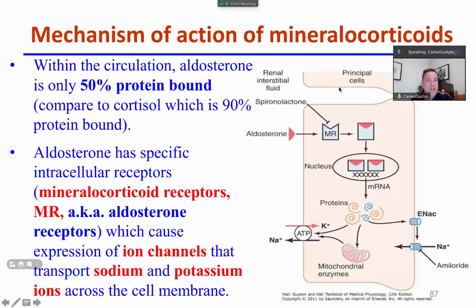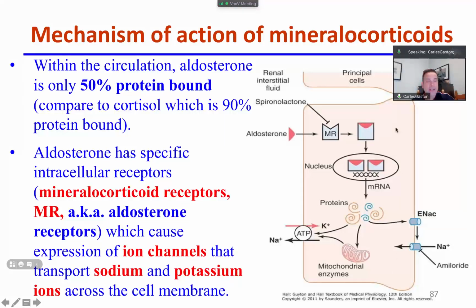Steroid hormones are lipids. They do not bind to receptors in the membrane. They directly pass the membrane, okay? So mineralocorticoid receptors, also called MR, or aldosterone receptors, cause expression of ion channels to transport sodium and potassium across cell membranes.